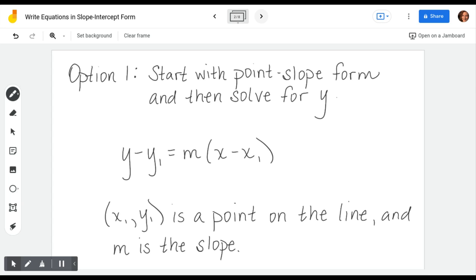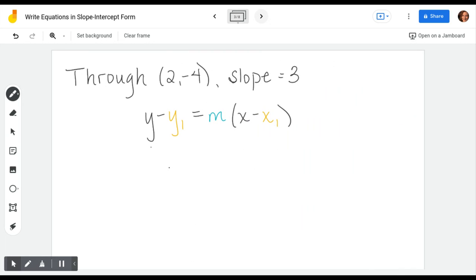It's y minus y1 equals m times x minus x1. Now the x1 and the y1 will get replaced. Those are just the coordinates of a point that's on your graph. And the m will get replaced. M is for your slope. So the only variables that are actually going to stay variables are the plain old y and the plain old x. So here's what you do.